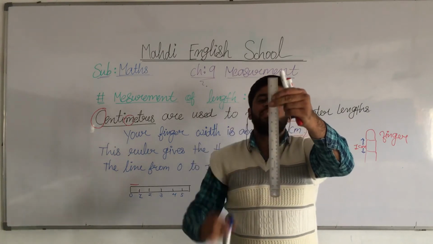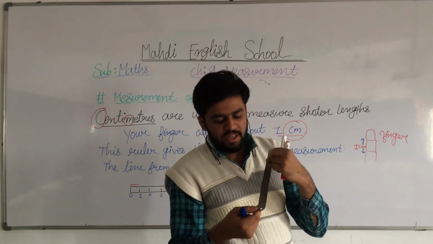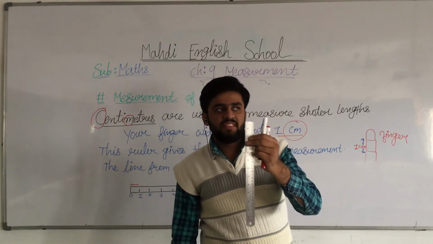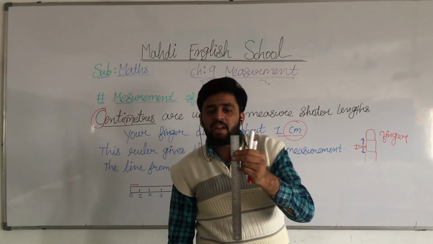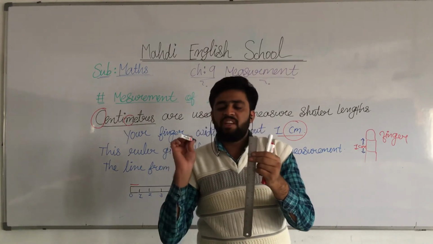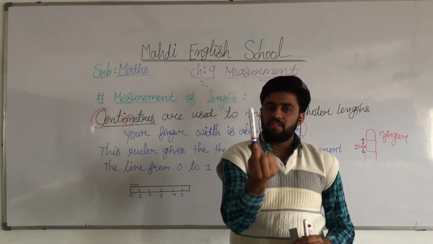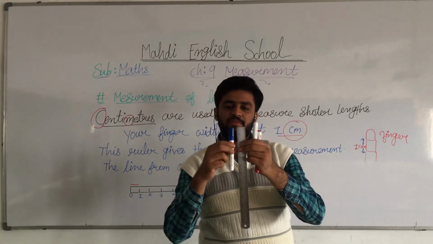See, this scale is 1 to 12 centimeters, 1 to 12 centimeters. See, my dear students, this is a scale of 1 to 12 centimeters, and I am checking the marker, and I don't know how long this marker is. So I am going to check here the length of the marker.